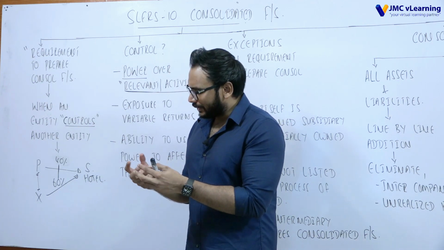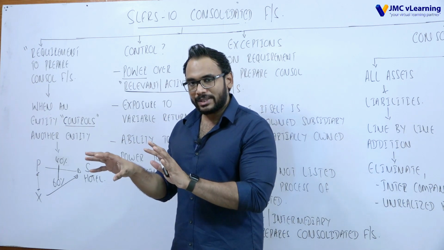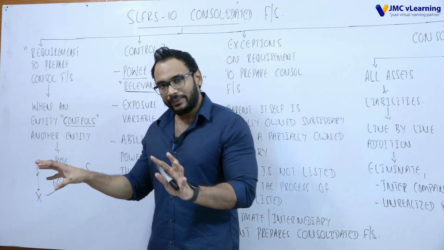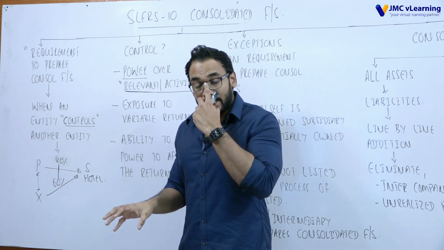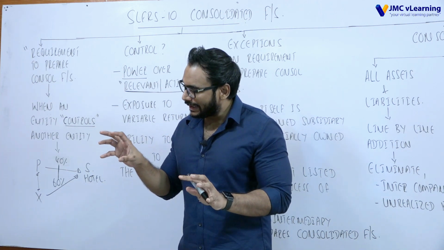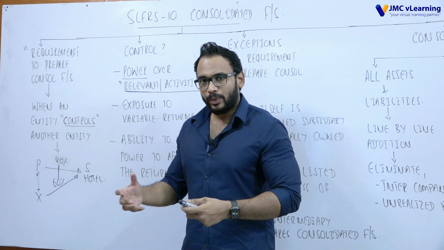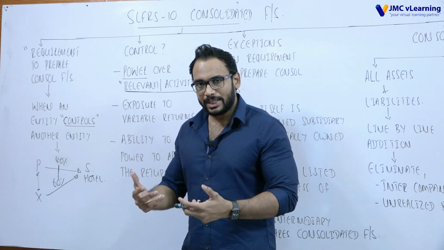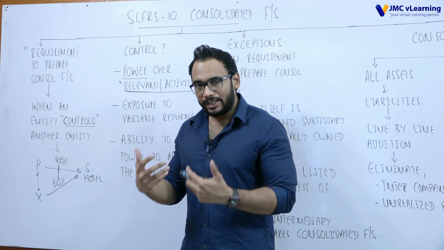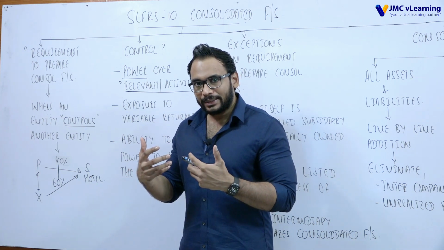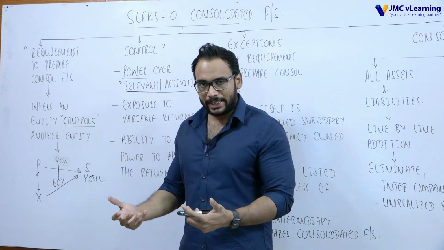So then you need to see what are the activities that are controlled by P and what are the activities that are controlled by X. Then you need to see which of those activities becomes the relevant activity. When we say relevant activity, the activity that significantly influences or affects the returns of an entity.